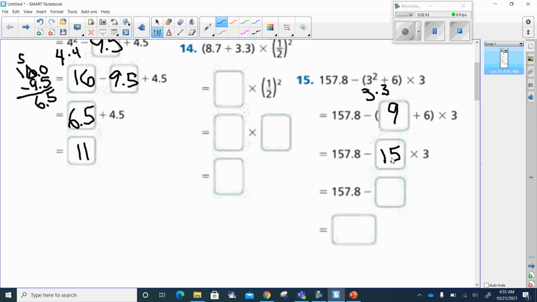And now the next thing in PEMDAS is multiplication. So even though we have this operation first, we have to work this one first because in PEMDAS we have to follow the steps. 15 times 3 is 45.